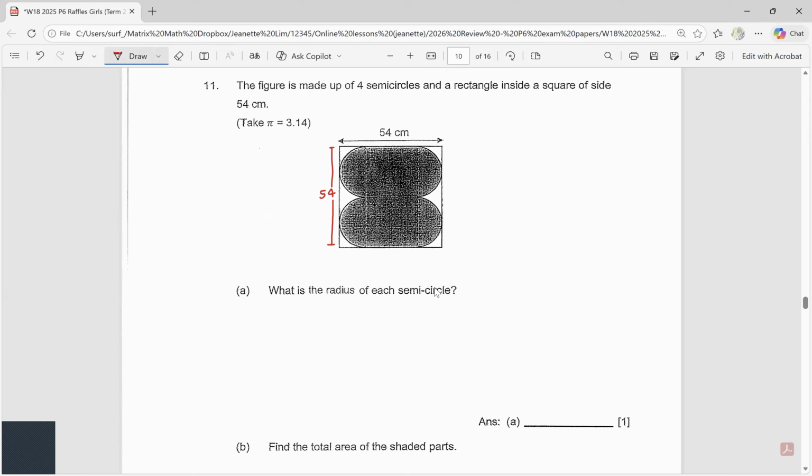And 54 is made up of 2 of the diameters. So one diameter would be 54 divided by 2, which is 27. Then radius would be half of that. So 27 divided by 2, 13.5.